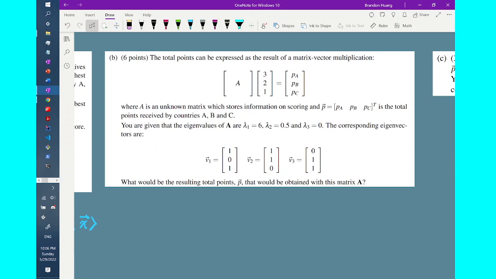So now let's look at the second part of the question, where we now have this matrix such that for i equal to 1, 2, and 3, A v_i is equal to lambda v_i, which means we have this eigenvalue-eigenvector relationship.